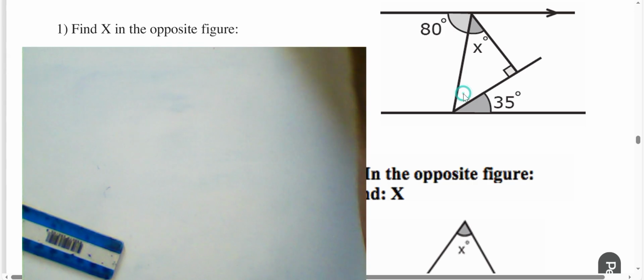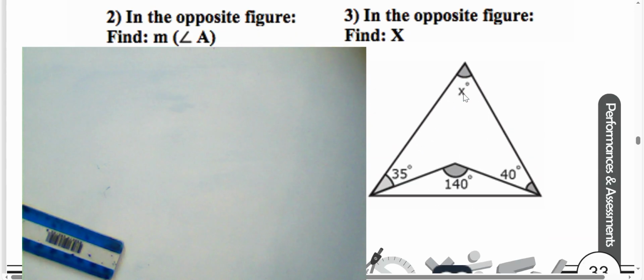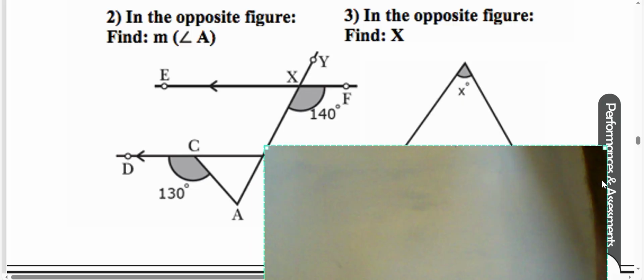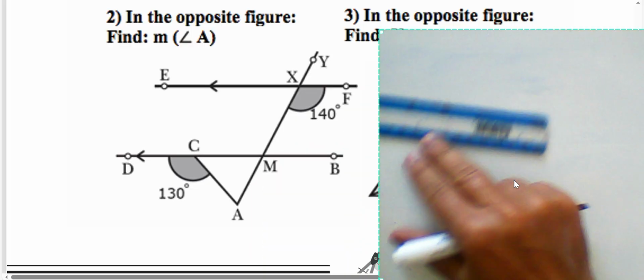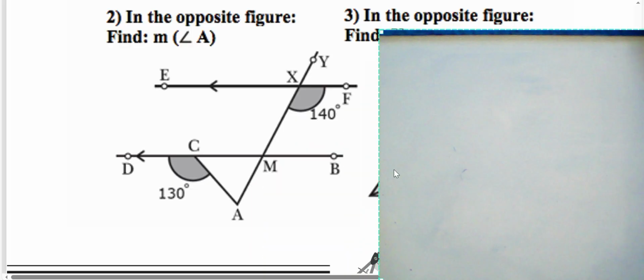Next question, number 2. We can find the measure of angle A. We have EF parallel to TB and XM a transversal of them. The measure of angle XMC equals 140 degrees.